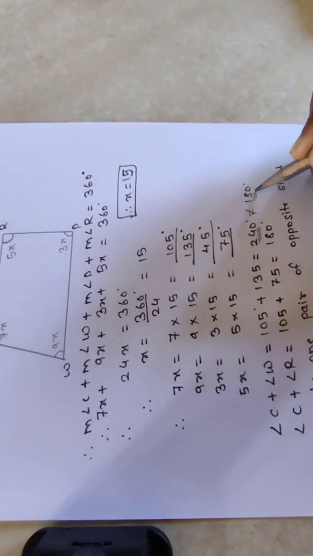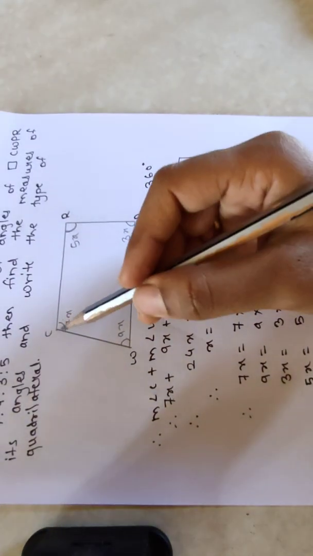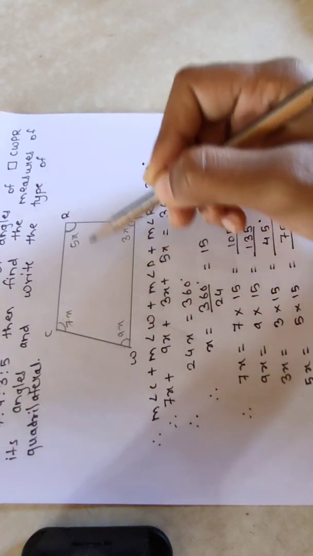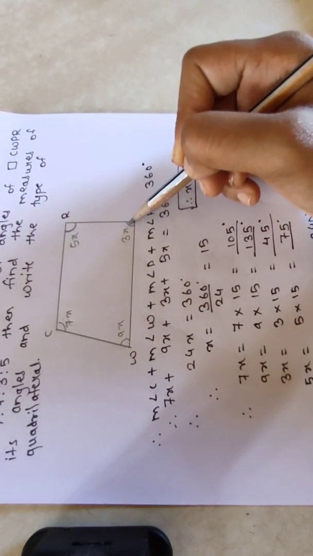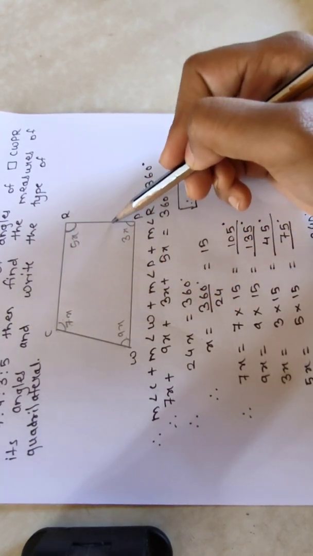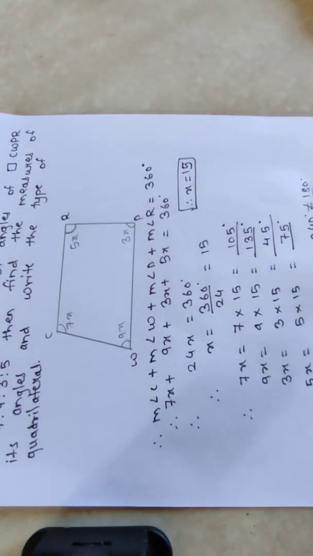It is not equal to 180 degrees. So if this is not 180 degrees, this also will not be 180 degrees. If one line is not 180 degrees, the other line also will not be 180 degrees. Now why?